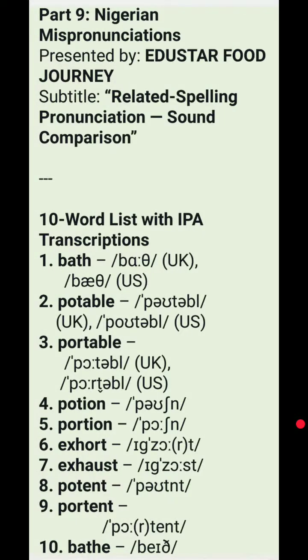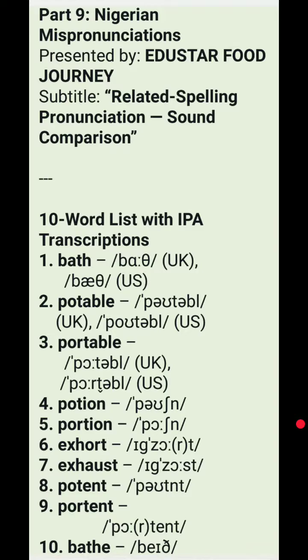Okay, we come to the IPA transcriptions as well as the pronunciations. Note, we are studying related spelling pronunciation, that is sound comparison. Number 1 is bath. In the UK pronunciation, that is British English, we have bath with the long R sound.